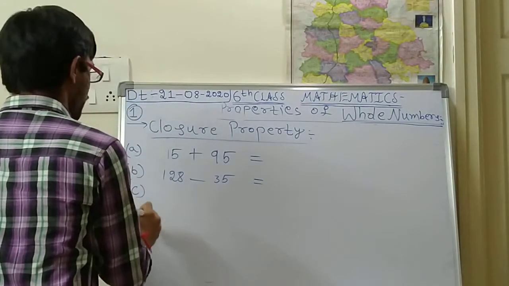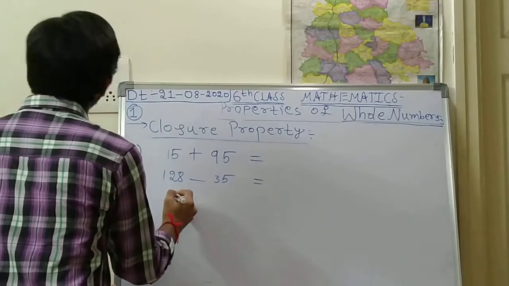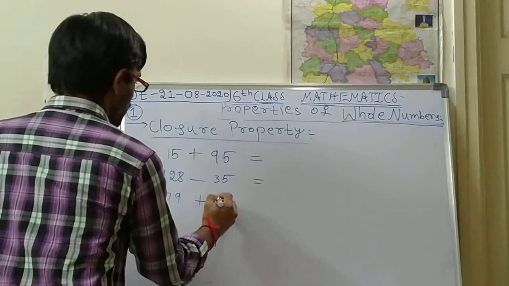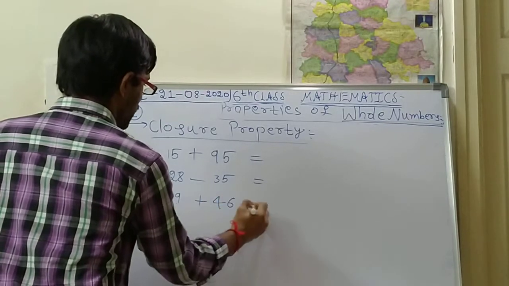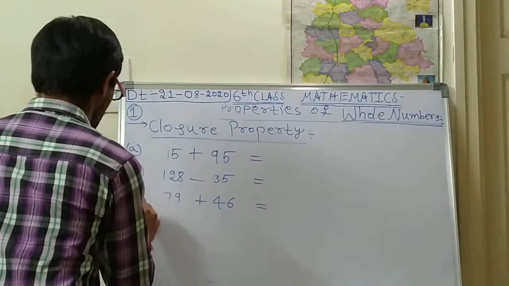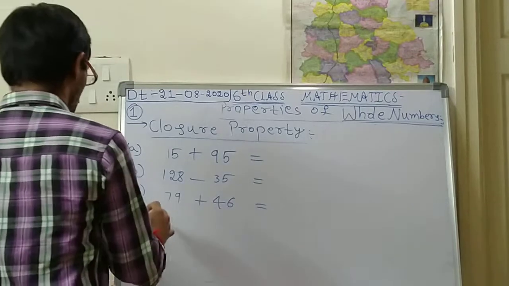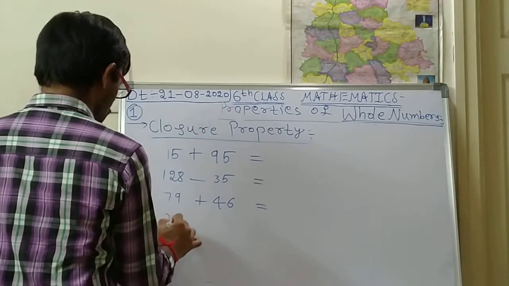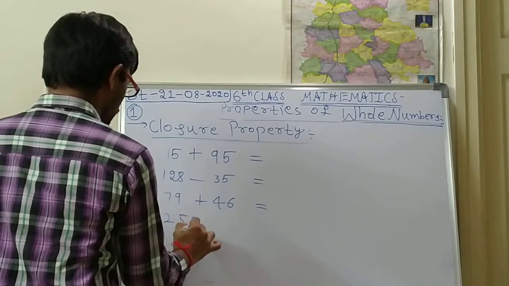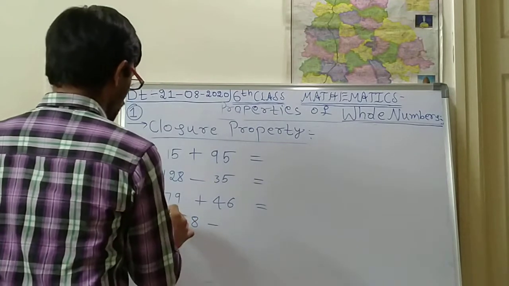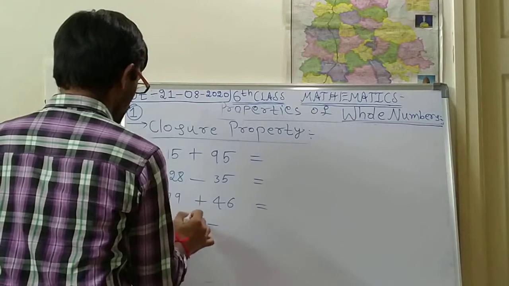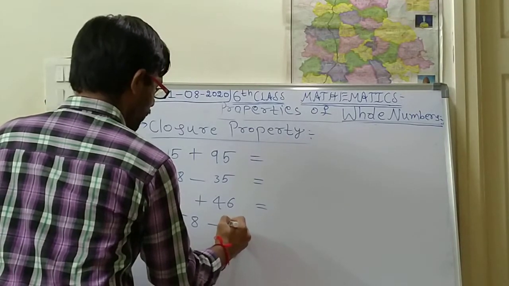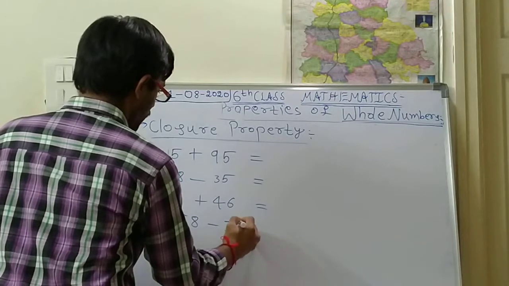Next, C, 79 plus 46. Next, D, 258 minus 315.